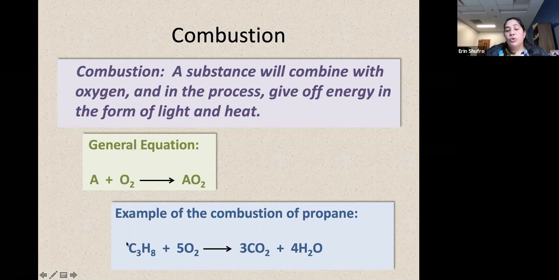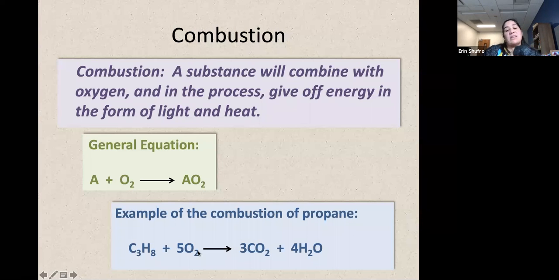And when that's true, when you have this carbon containing compound, your products will always be carbon dioxide and water. Okay. So an easy way to recognize a combustion reaction is that one of your reactants will be oxygen gas, right? And generally for the purposes of Gen Chem, your combustion is going to be some sort of carbon compound, right?